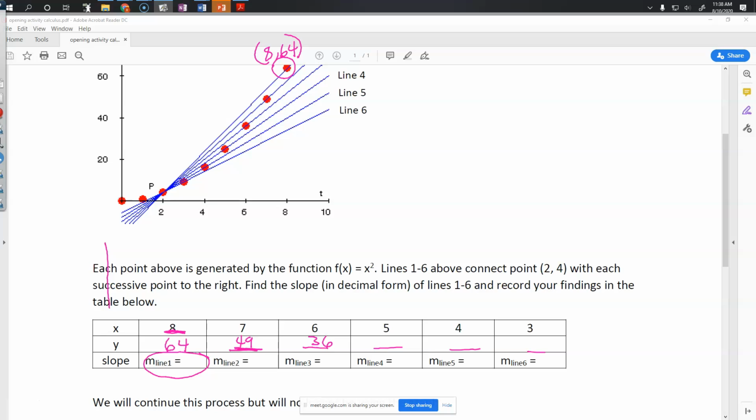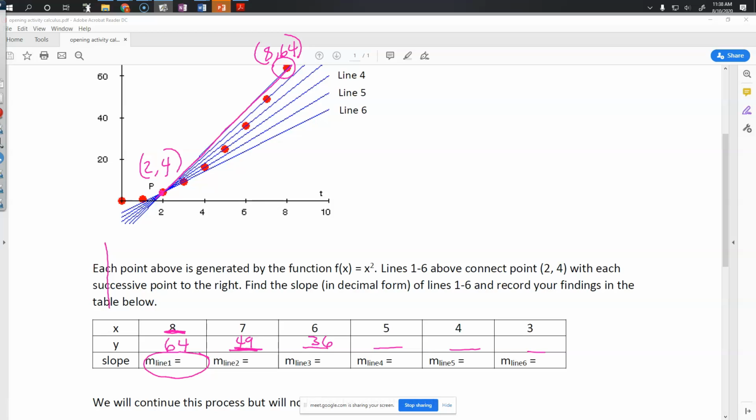Well, there's a line going through that. I think it was line number 1. Line 1 goes through that dot, and follow that blue line, and it goes through this dot also down here. That dot is 2, 4. So line 1 is a line that connects the point 2, 4 to 8, 64.